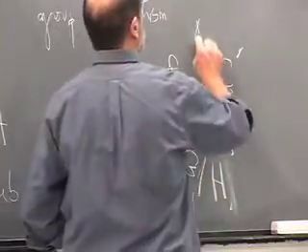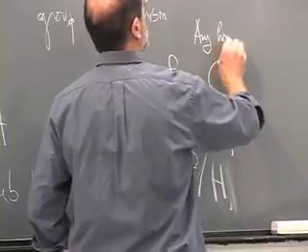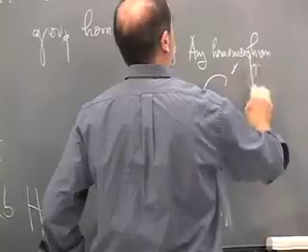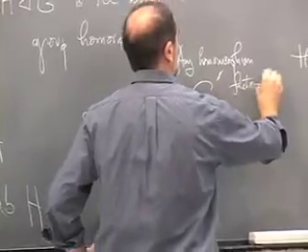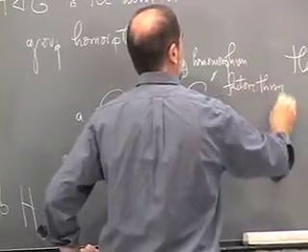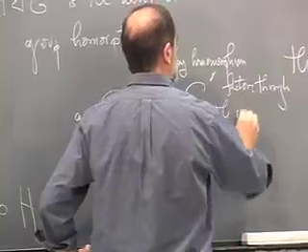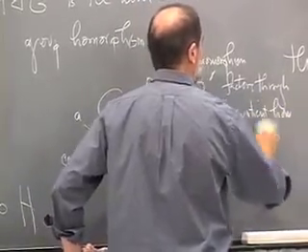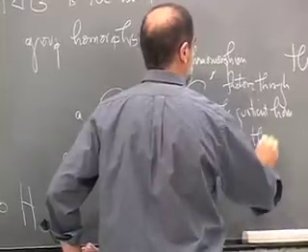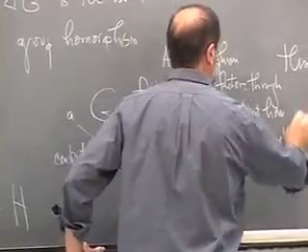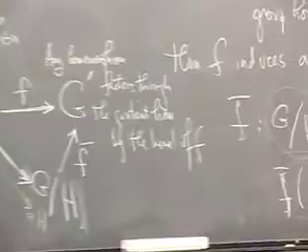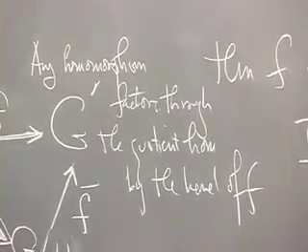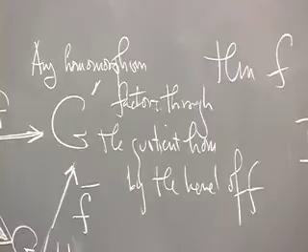Okay? The quotient, this canonical homomorphism by the kernel. So remember that when you construct the group structure on G mod H, you're not just constructing a new group. You're constructing a new group that comes with a map.